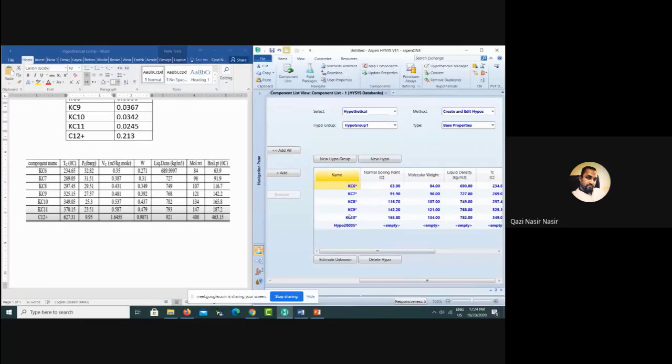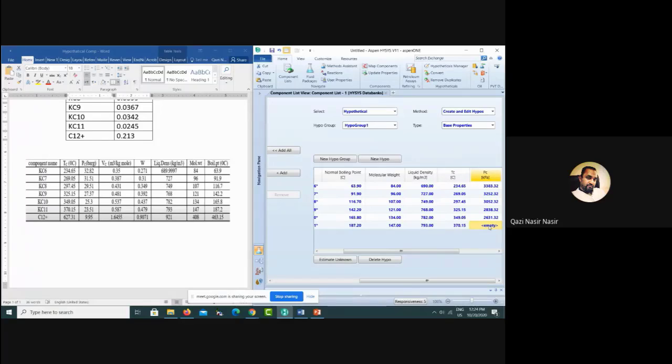In another one, that is KC11. For KC11, we have the normal boiling point is 187.2. Molecular weight is 147. Liquid density is 793. Critical temperature is 370.15.